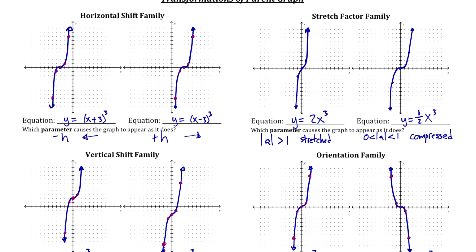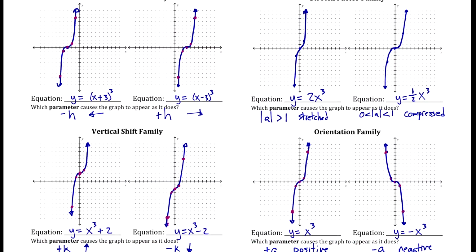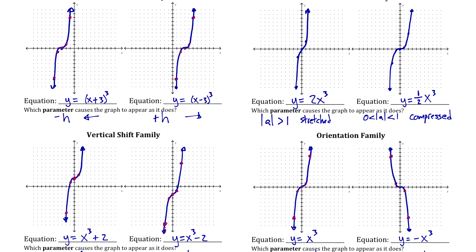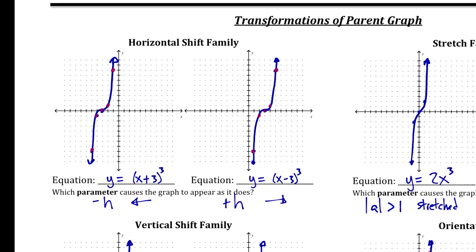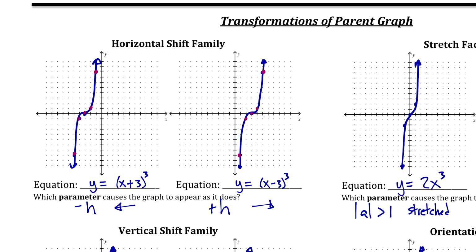Here's kind of a visual of what that looks like. All right, so I'll summarize this, and this will be done for all the functions, so I won't necessarily talk about it with all of them, but I need you to understand that there's different families, right? So there's transformations of that parent graph.